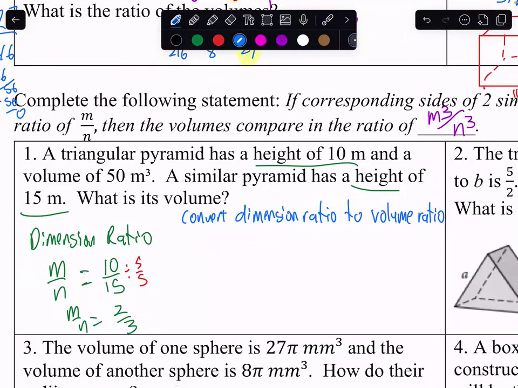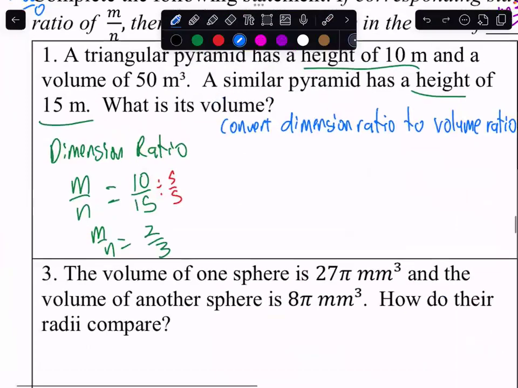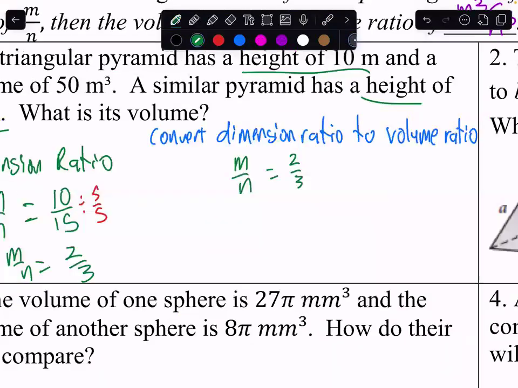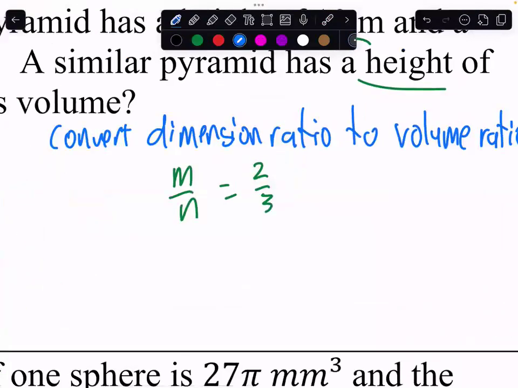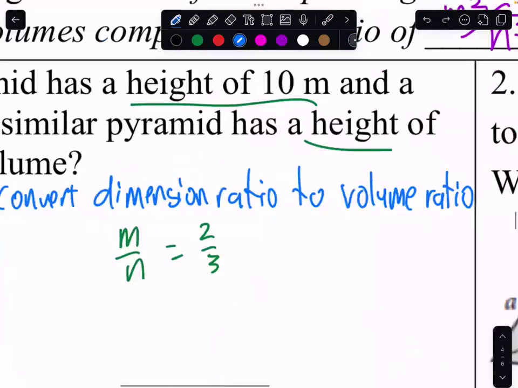Okay, so volume ratio is m cubed over n cubed. Okay, so again, we already are here. So let me copy that. Oops, sorry. And our goal is to get m cubed over n cubed.